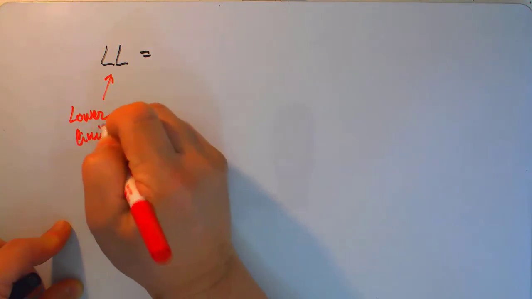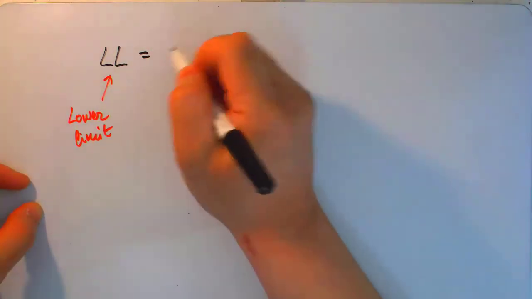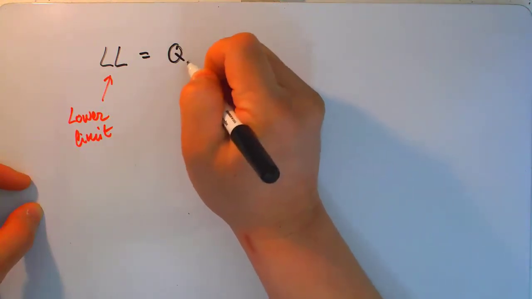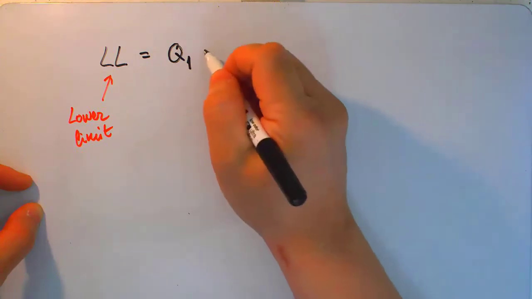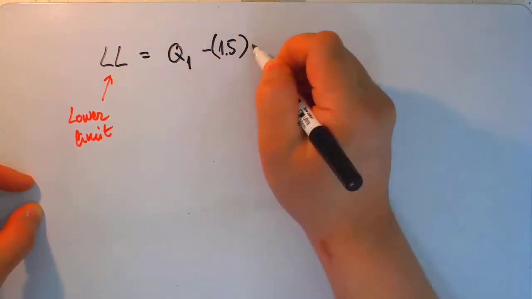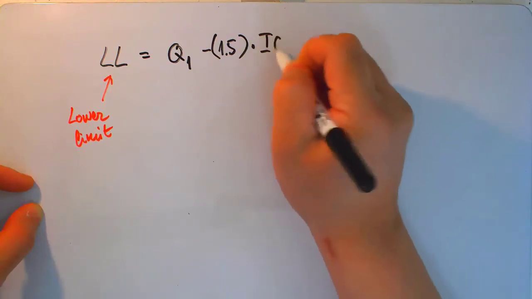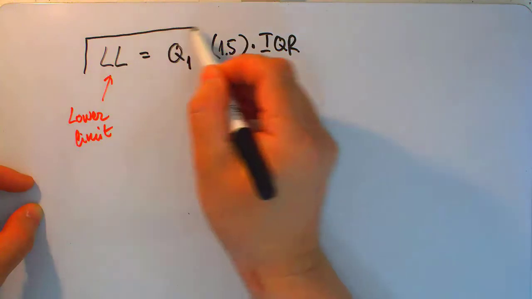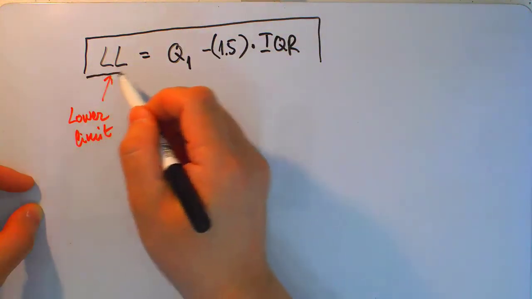The rule says that from Q1 that we found previously, we subtract 1.5 times the IQR. That's the rule to calculate the lower limit.